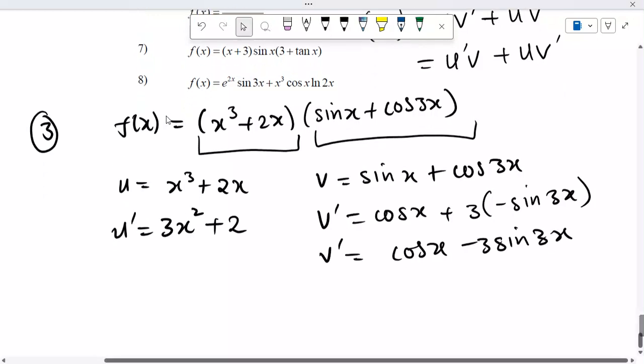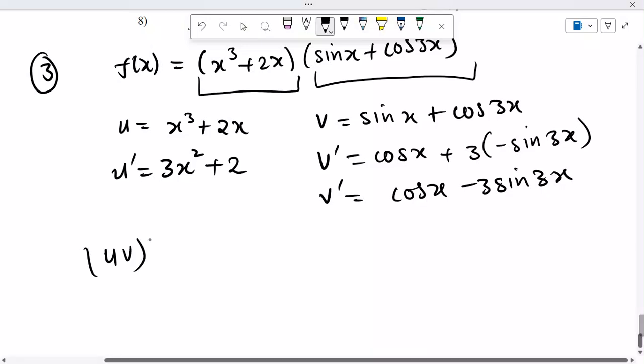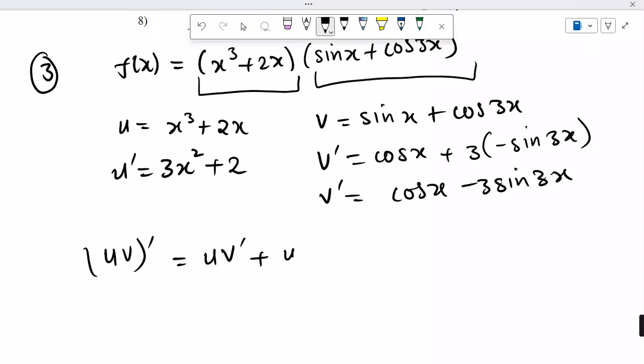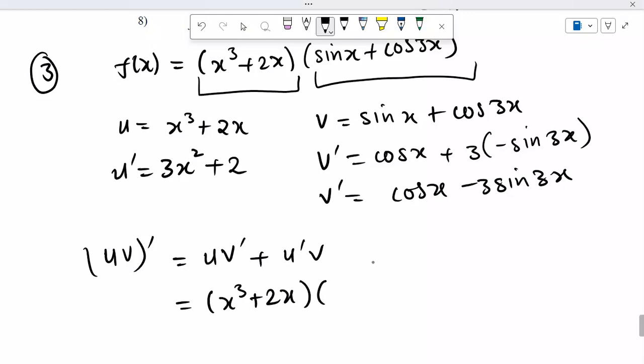Okay, so now you apply the formula uv prime equal to, let's say u, this time v prime plus u prime v. So what is u? U is x to the power 3 plus 2x. And what is our v prime? Our v prime is cos x minus 3 sine 3x.